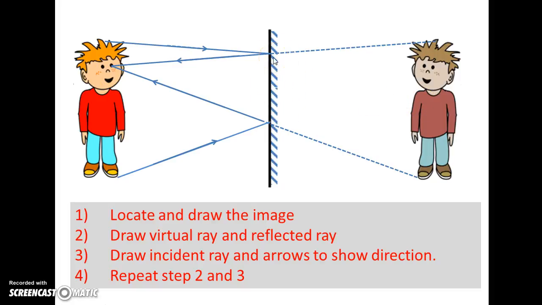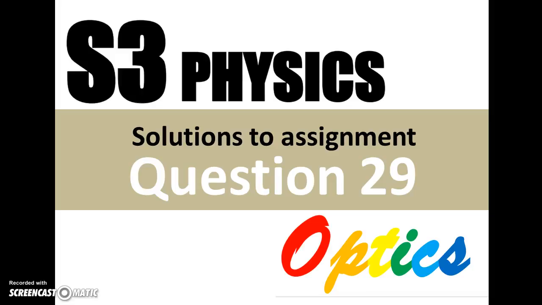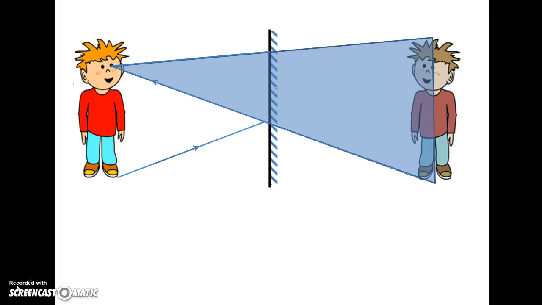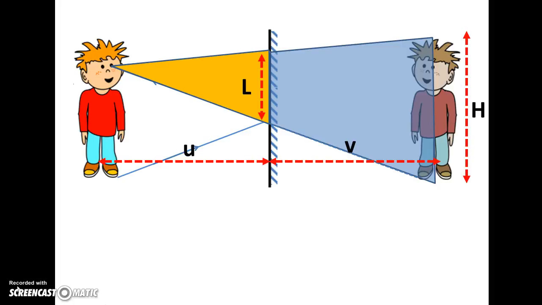So how big the window should be to see the whole brother outside? To answer the question, we have to find a pair of similar triangles. And in this way, the lengths L and H are related by the lengths U and 2U.